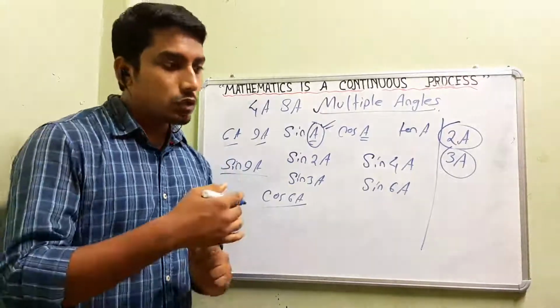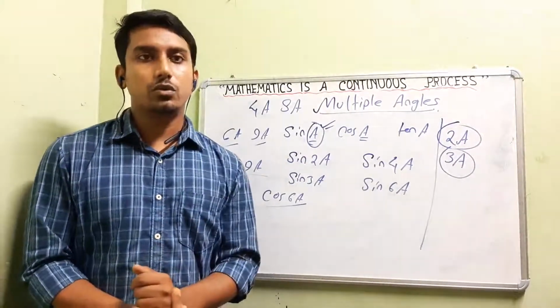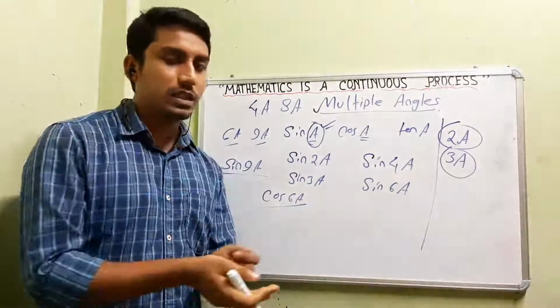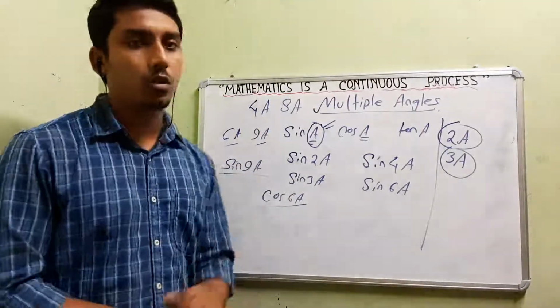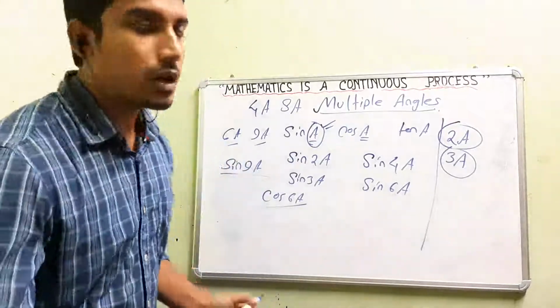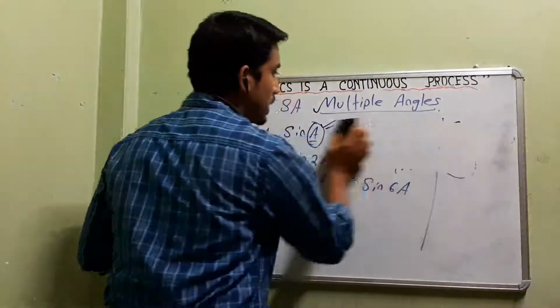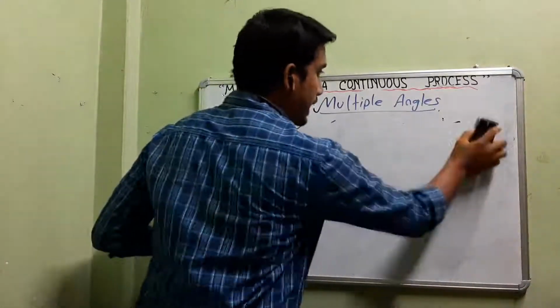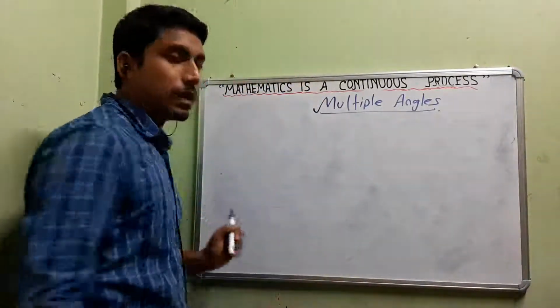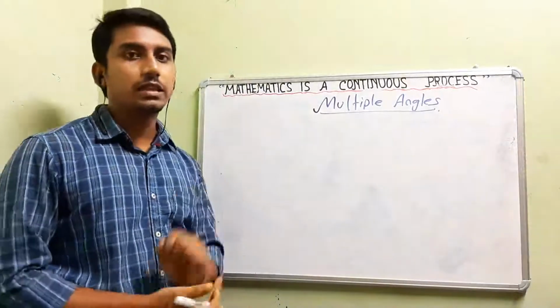You will be able to memorize them only while solving problems; if you sit and try to memorize directly, you will not be able to. Solve many problems related to the formulas and you will remember all of them. So let me give here the possible formulas, for the angles which are multiples of 2A and 3A specifically.